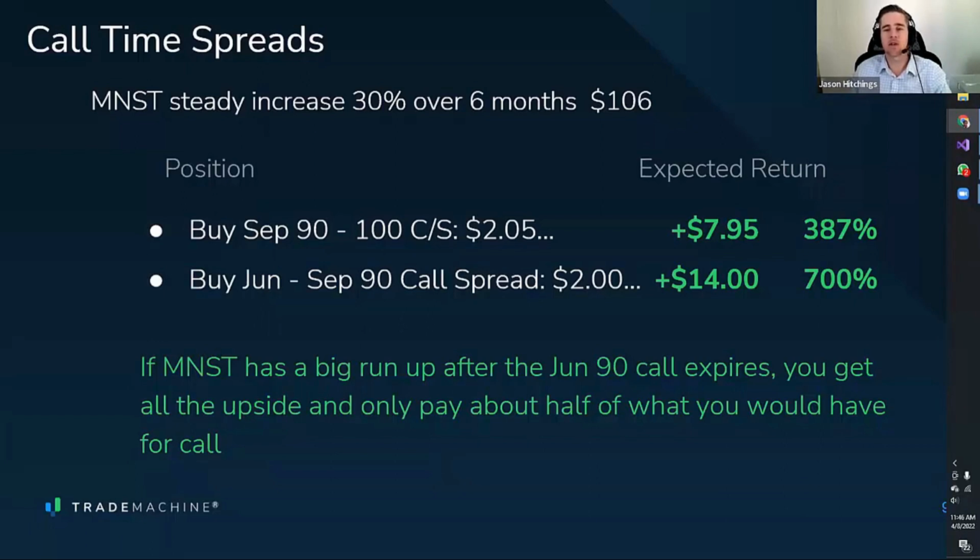So that could be worth $10, and it costs you $2.05 to get into it, so the position could get up to close to $8. That's still a great return, but you don't have the unlimited upside that you'd have if the front month option that you sold expires worthless, and then you own the back month option, the long dated option, outright. So that's the kind of rosy scenario where the time spread actually works a lot better than just a standard call spread.